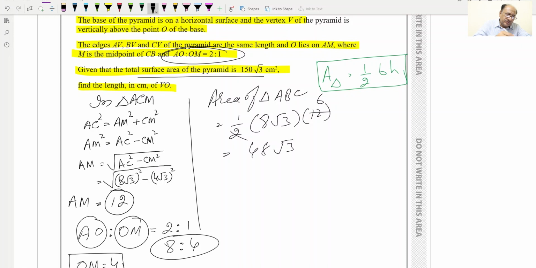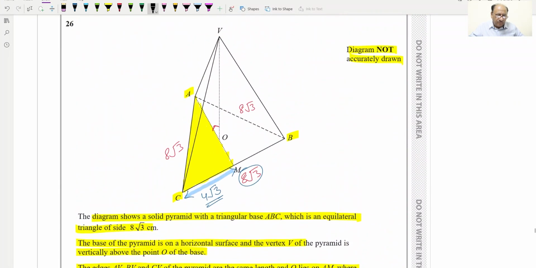Total surface area of the shape will be area of triangle ABC plus the areas of three triangles which we also need to find. Those are the slanting triangles.